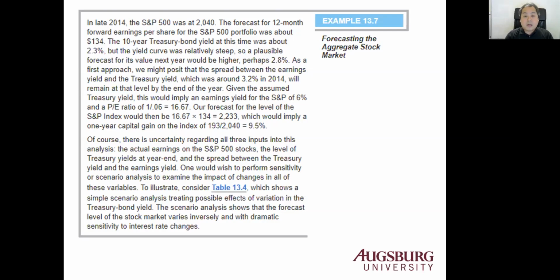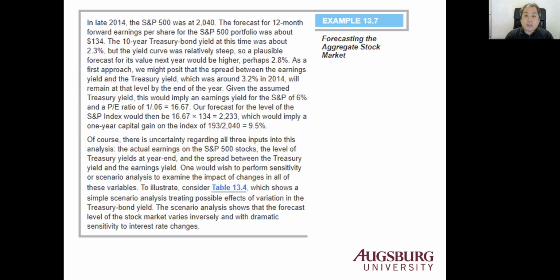So one year later, we expect a capital gain of about 193 from 2,040, so about 9.5%. So you make assumptions, use the P/E multiples, and get the estimated S&P 500 index for next year.